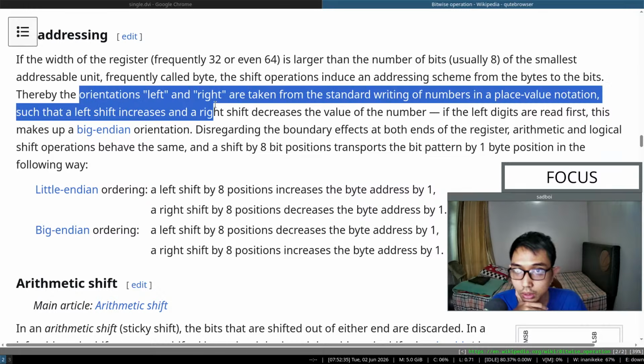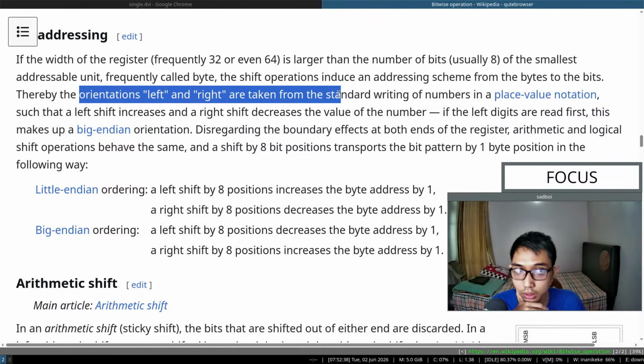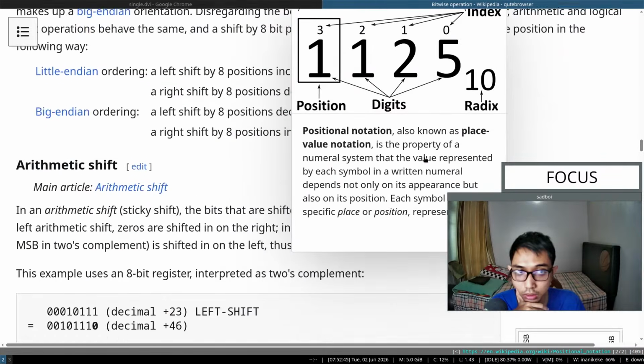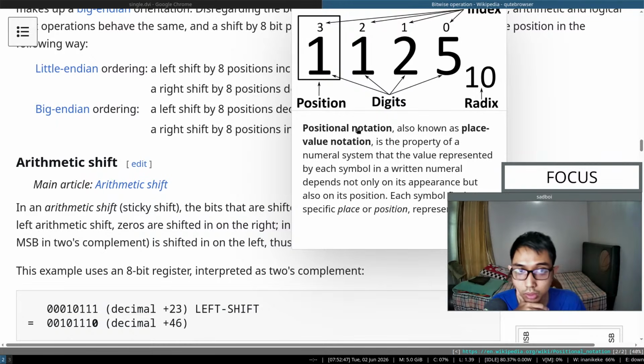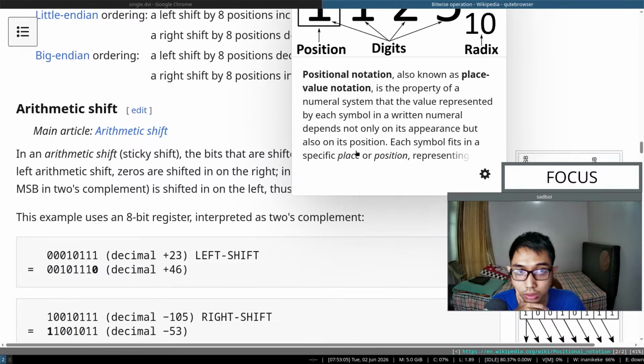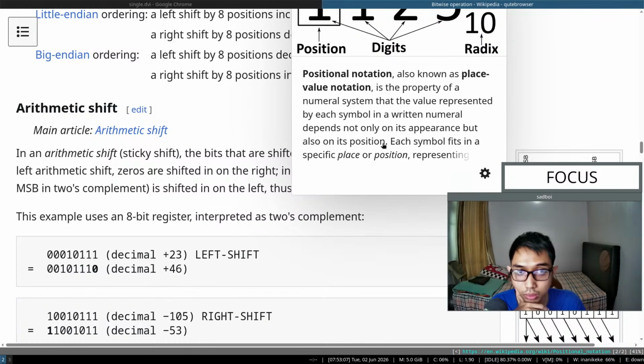The orientation left and right are taken from the standard writing of numbers in a place value notation, also known as positional notation. It is the property of a numerical system that the value represented by a symbol in a written numeral depends not only on its appearance but also on its position.